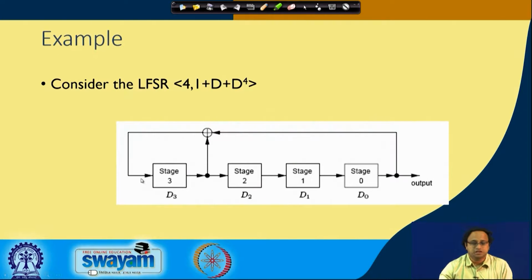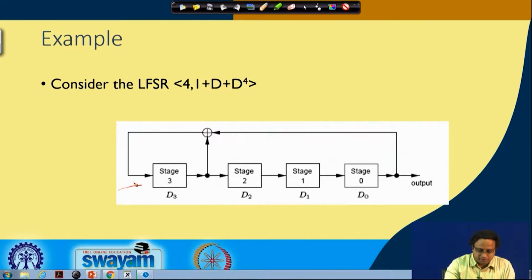You can see that this is the corresponding feedback bit that I obtain. The feedback bit is again here, obtained by this exclusive OR. So this is my feedback circuit in this case, and the polynomial has been described as 1 plus d to the power of 4. That basically sets the polynomial.